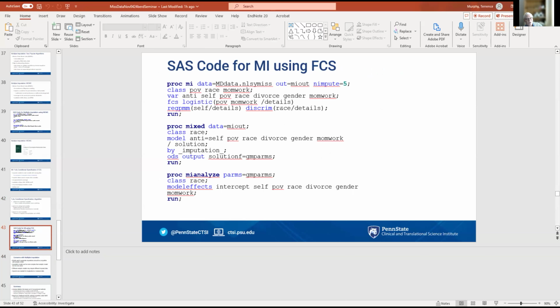And for race, which is multi-level, I'm going to use discriminant analysis. Again, you generate the imputed data, you fit a model to it separately to each imputation, and then in this last little block of code, you combine the different sets of estimated associations to come up with a global solution.